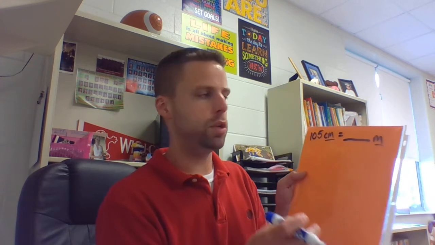My number of centimeters, a smaller unit, is going to have a larger number next to it, because I can fit more of those centimeters into one meter. We talked about how there's 100 centimeters for every 1 meter. So the number next to my centimeters is going to be larger than the number next to my meters, because they're that smaller unit.